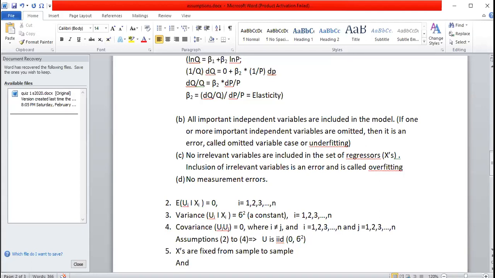These three assumptions are telling you that U distributions are identical, but they are independent of each other. So they are called IID, independently, identically distributed. Mean 0, variance a constant value. Conventionally, we call it sigma square.